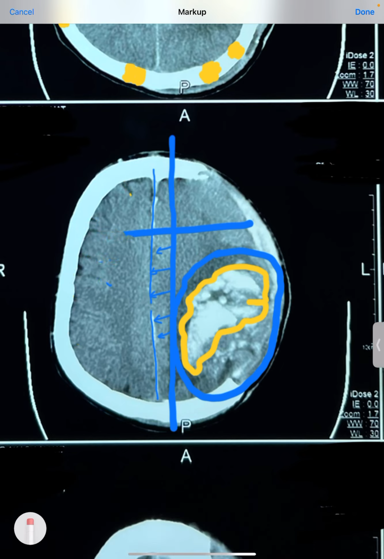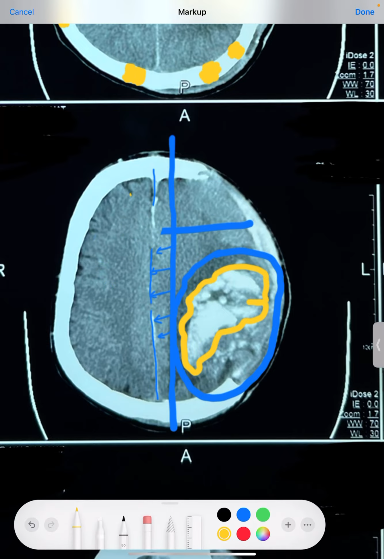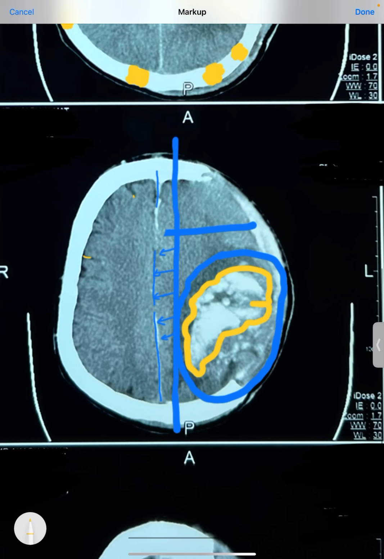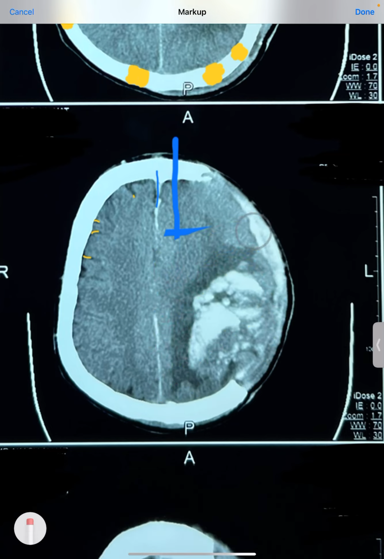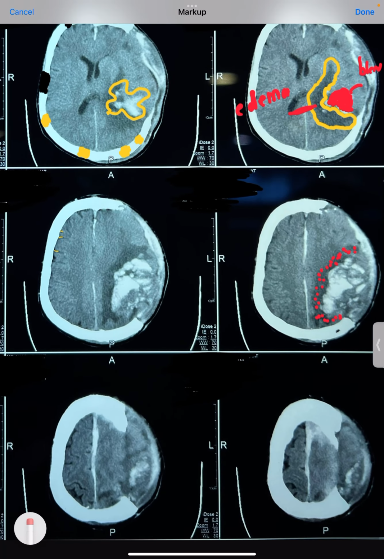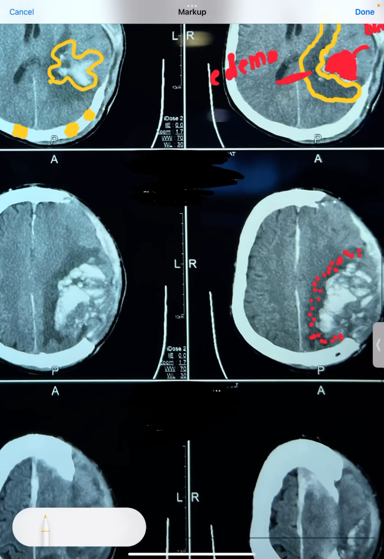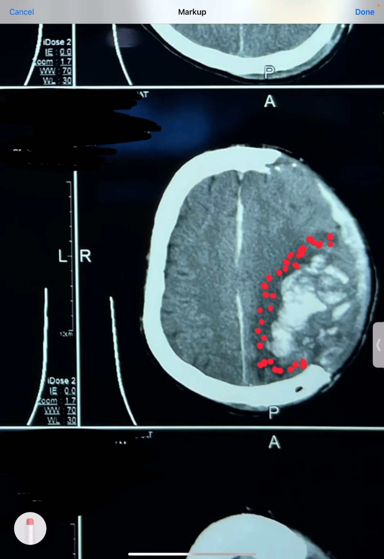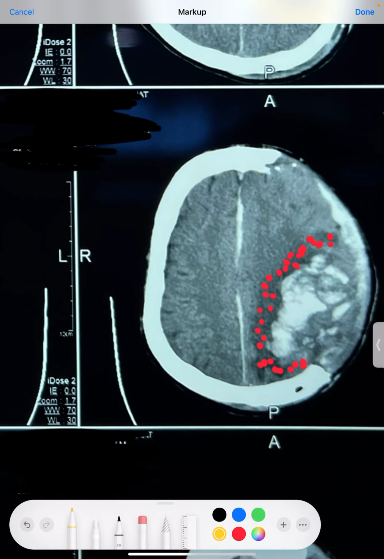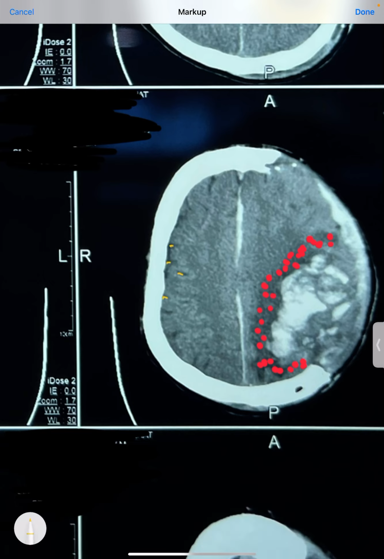So this is sulcus. These are all sulci. See here. But on the left side, you cannot make out any sulci or gyri. That is because of the significant swelling of the brain. So loss of sulci, gyri, shifting of the brain toward the opposite side. These are all signs of extensive bleed with mass effect.